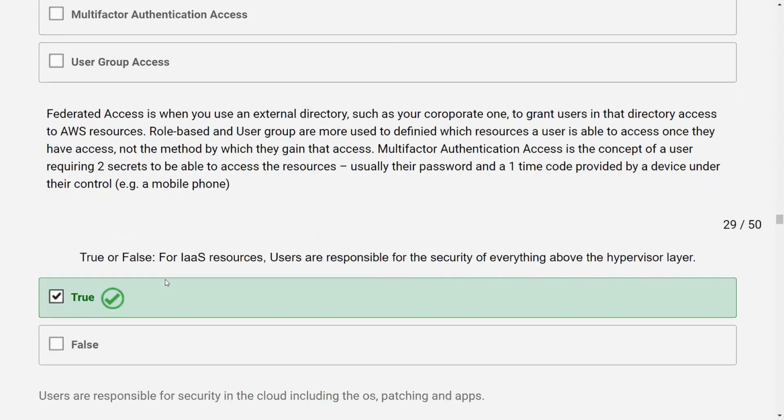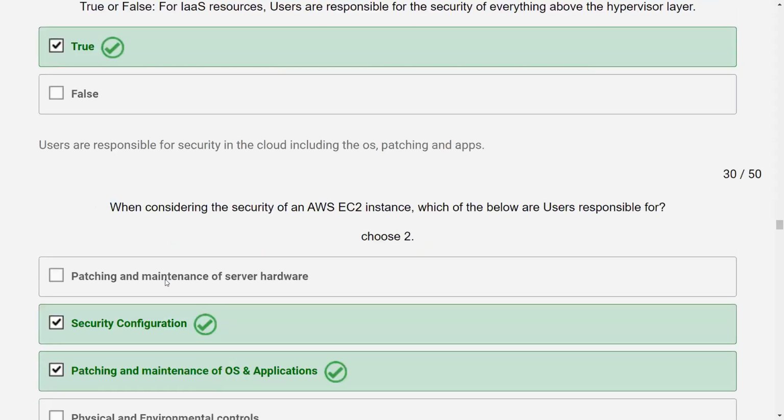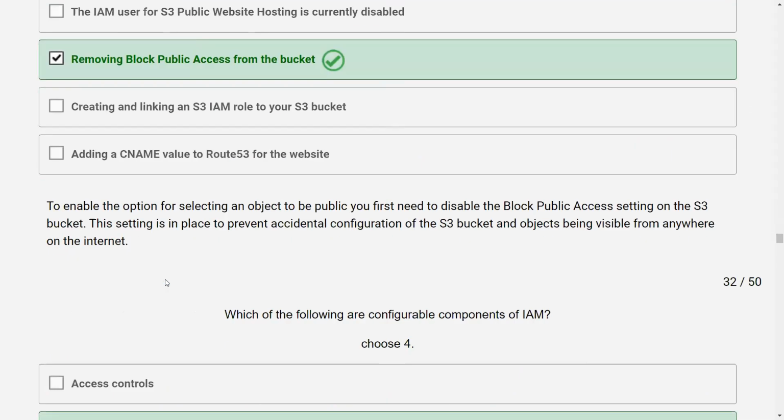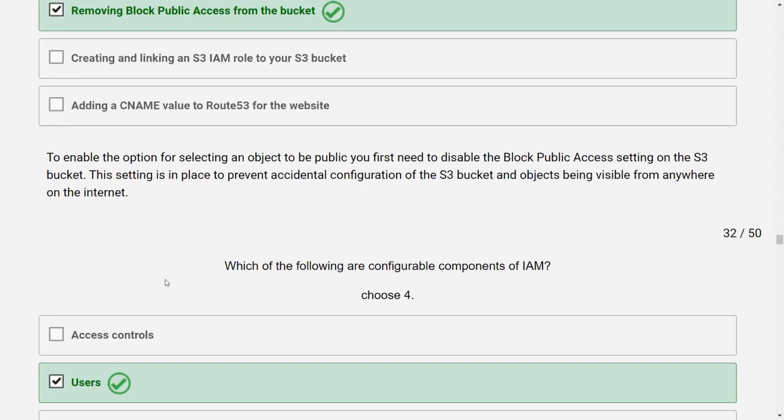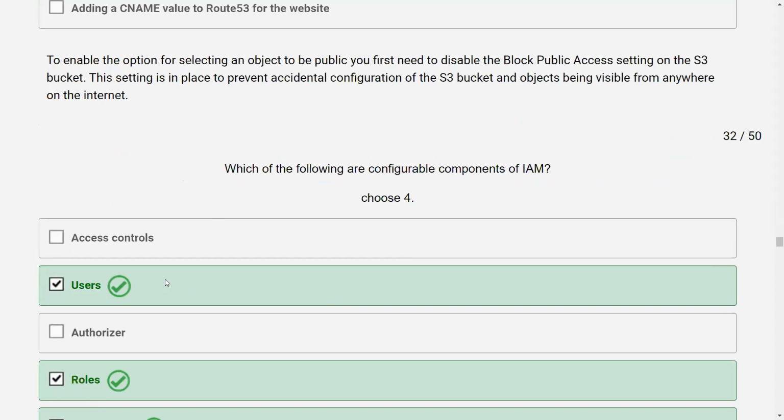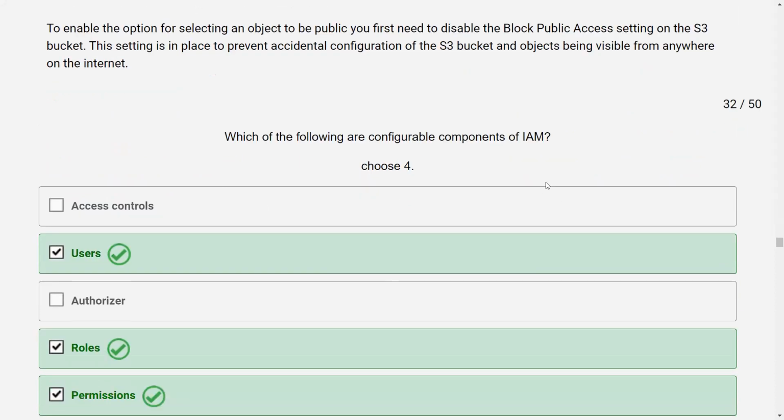And then 32. Which of the following are configurable components of IAM?